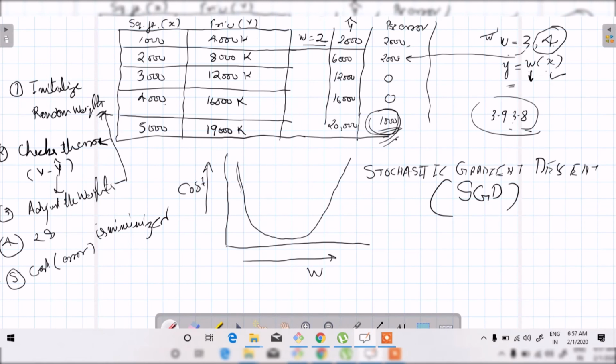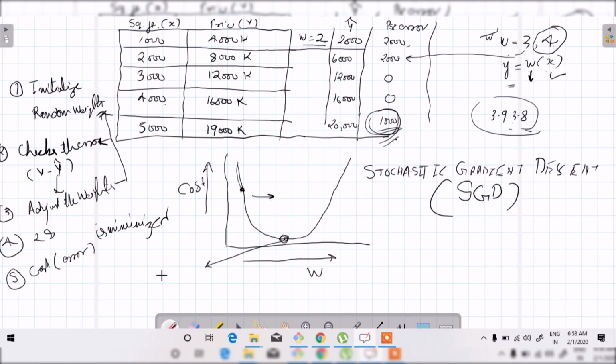Then as soon as something is here and the cost is high, it tries to reduce the weight. So the weight will be reduced or increased so that it can come here. So the objective is to come here.